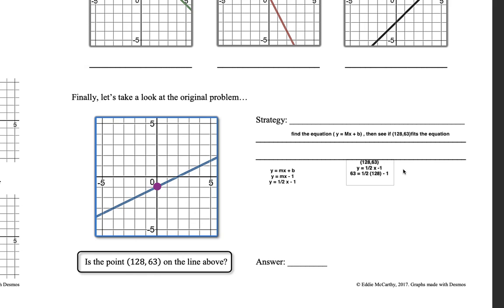So that's what we're trying to figure out. Does 63 equal this? So what's 1/2 of 128? 64. 64 minus 1. So does 63 equal 64 minus 1? Well, yeah, 63 equals 63. So hey, this point is on the graph. Yes, perfect. That's how I do it.